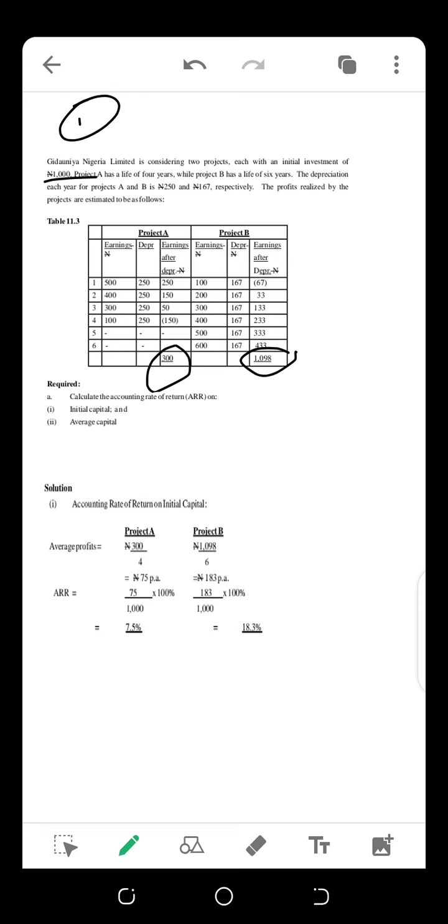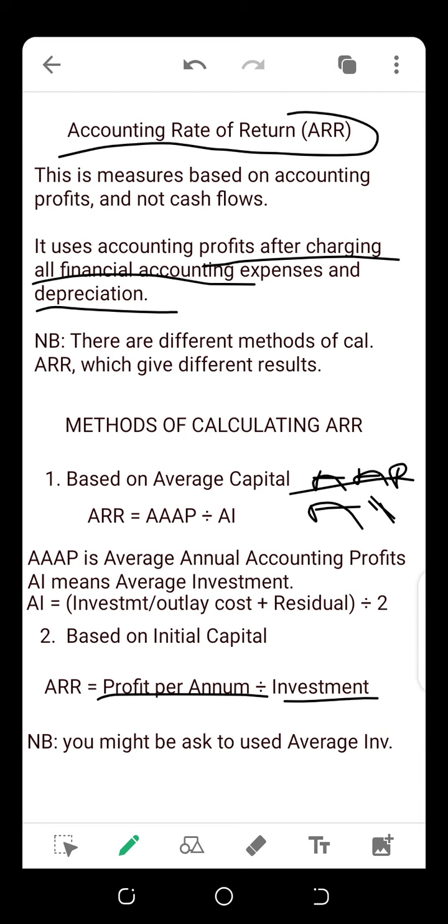And what do we call the formula? We say it is profit per annum, which is average profit based on initial capital, divided by what? The initial investment, as stated here. Can you see? As stated here. Okay.